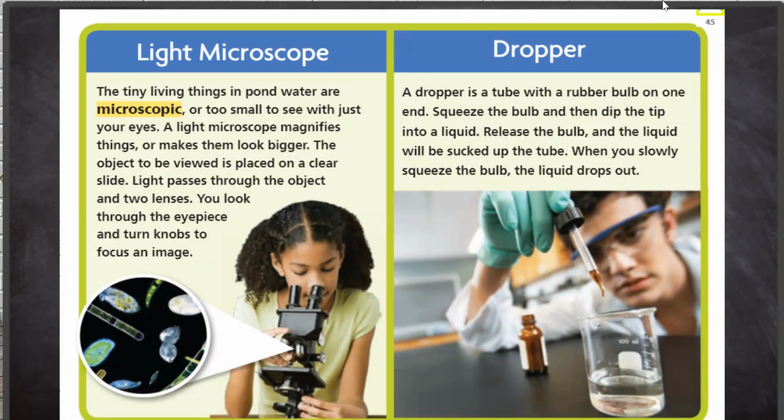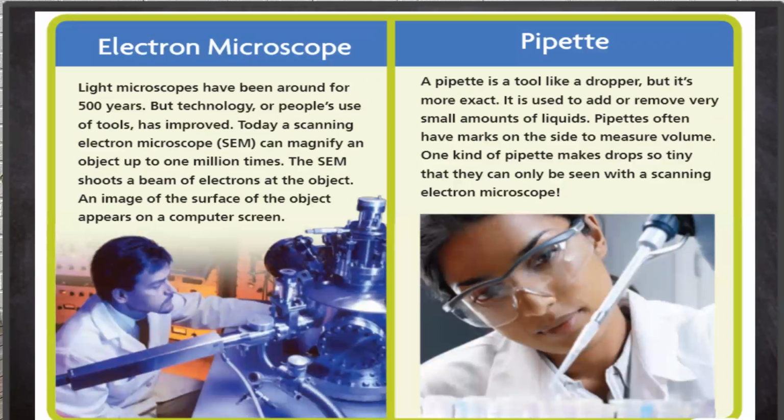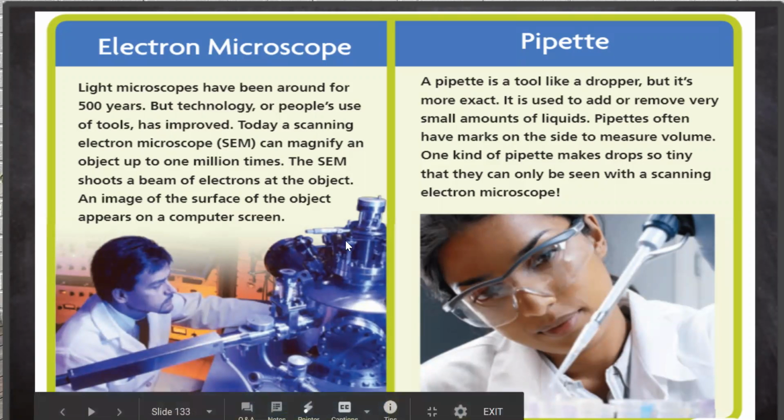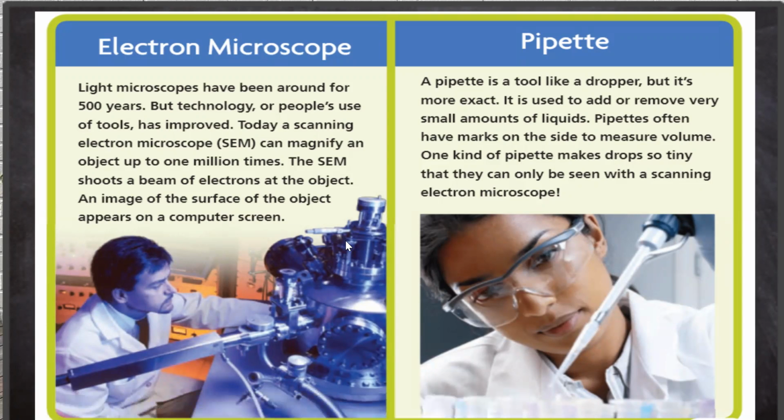Judy, do you have any idea how they are different, the light microscope and the electron microscope? The light microscope uses light to see. Excellent. Okay, the electron microscope machine is big. Excellent. Good job.